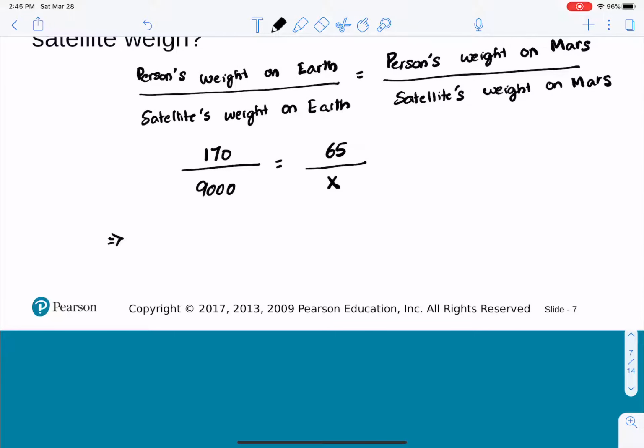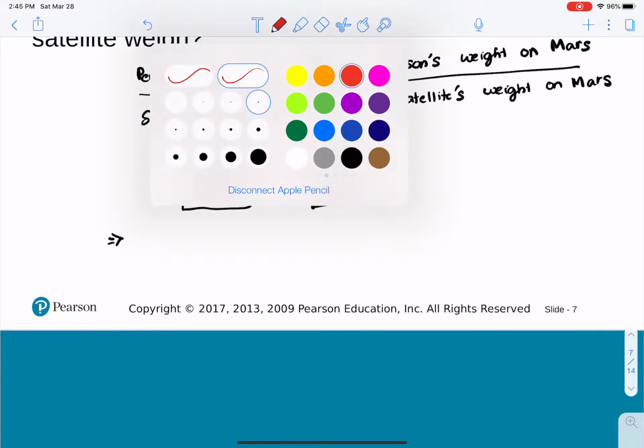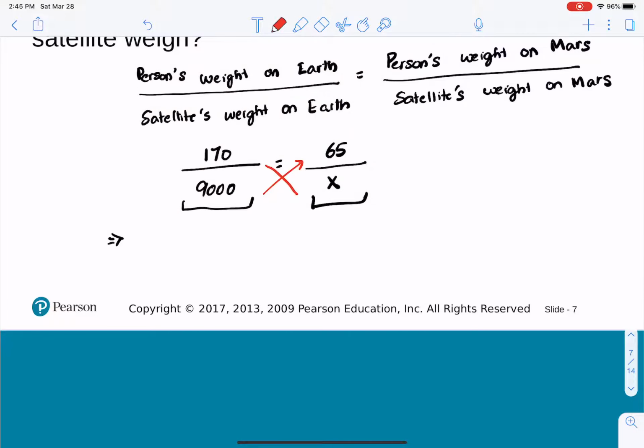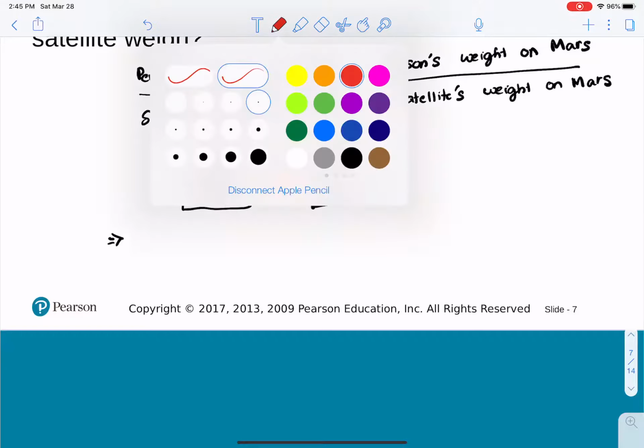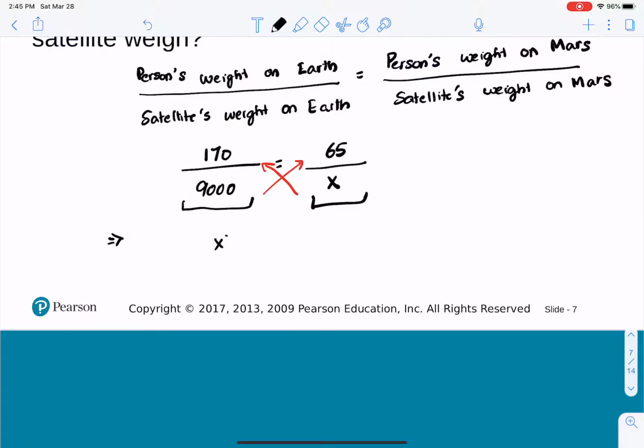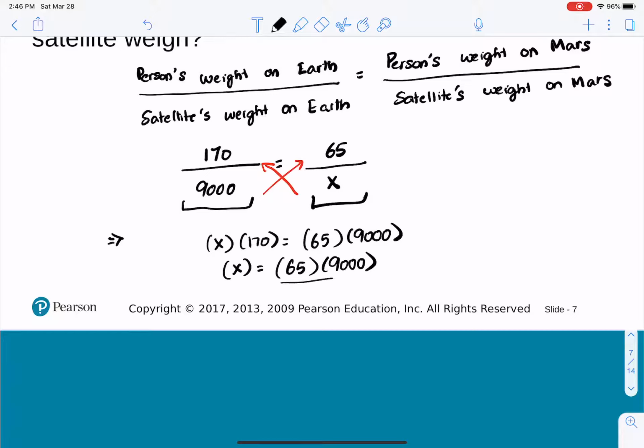So we could rewrite this, since we have one term on the left-hand side, one term on the right-hand side, we could cross-multiply, yielding x times 170 equals 65 times 9,000. X would equal 65 times 9,000 divided by 170.